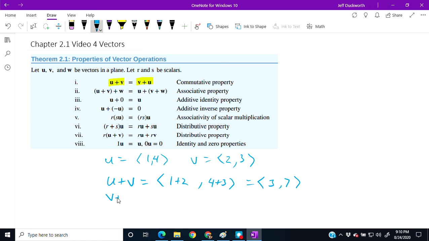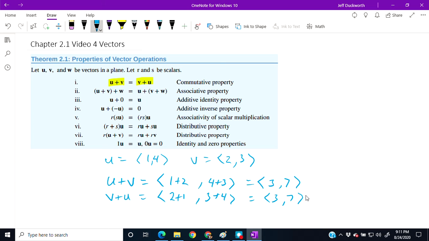Similarly, v plus u, where v goes first here, is 2 plus 1, and 3 plus 4, getting us the exact same 3, 7. Again, that was using the operation properties that we had for component form from the previous video.